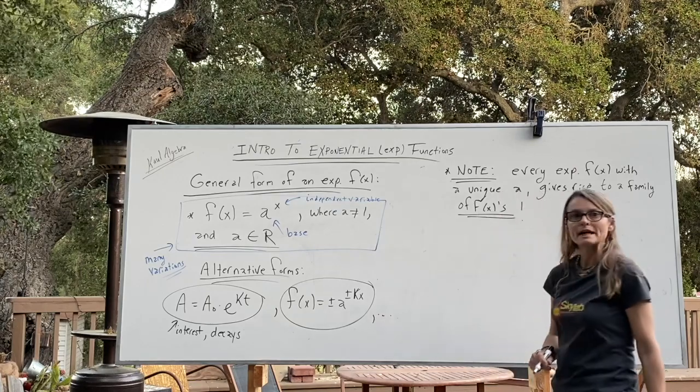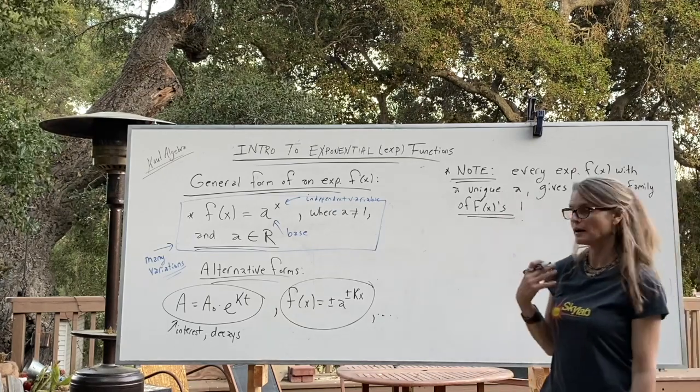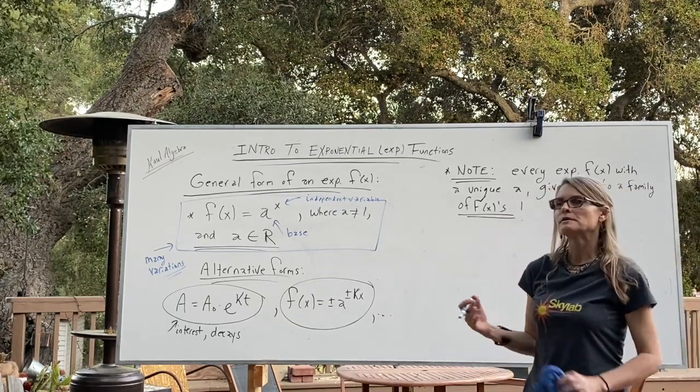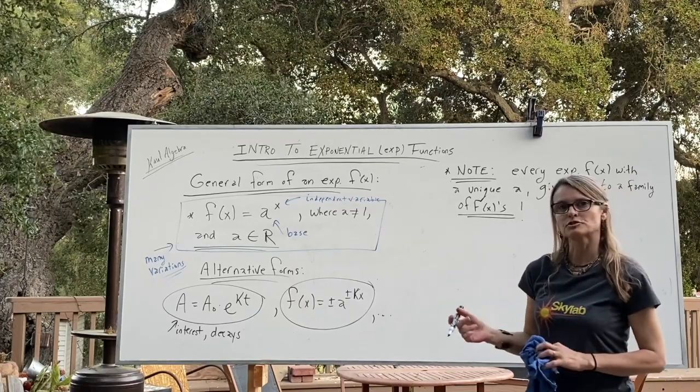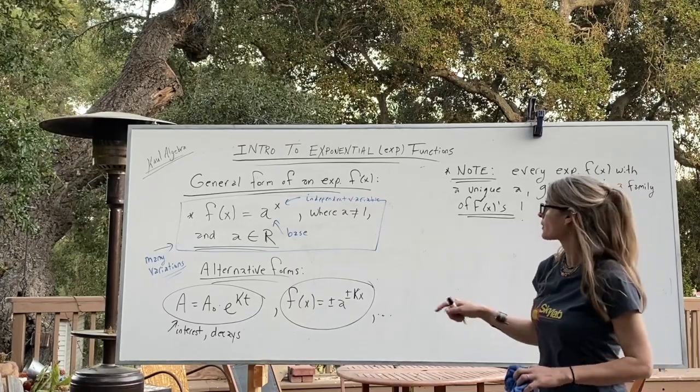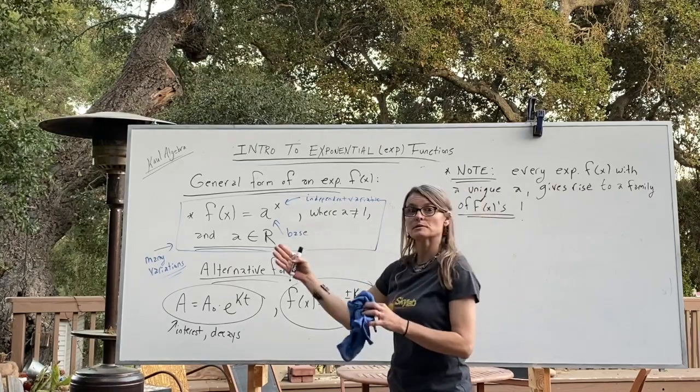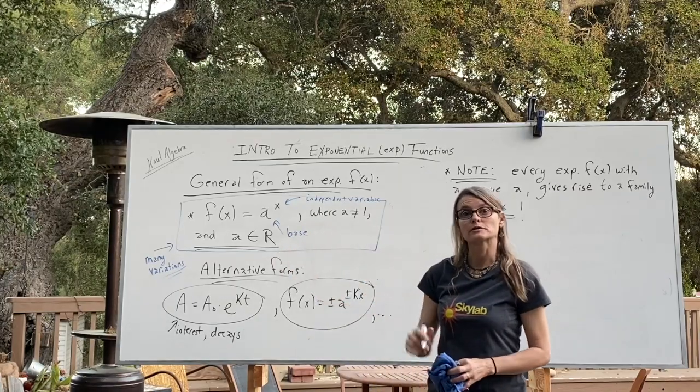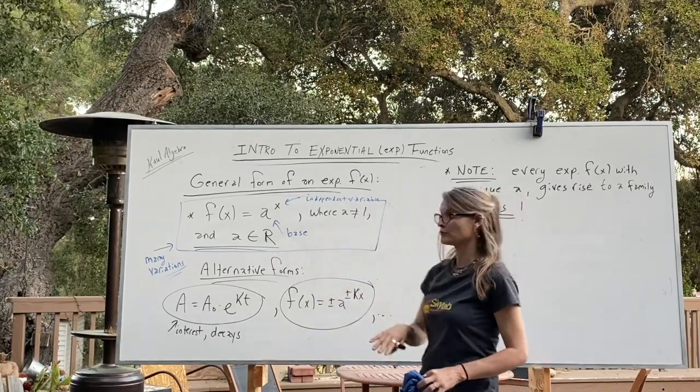So what we like to do in algebra, we like to identify a parent graph, and then we see what numbers are added or subtracted in the exponent or outside to see how it's going to move left, right, or shift up or down, or how it's going to reflect.